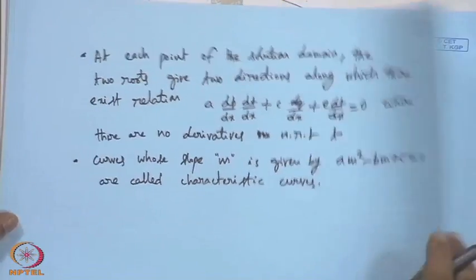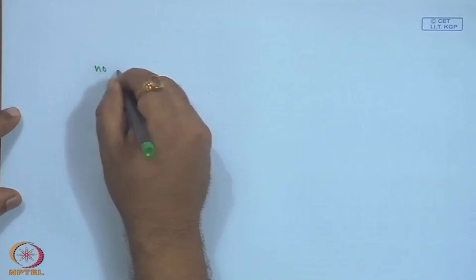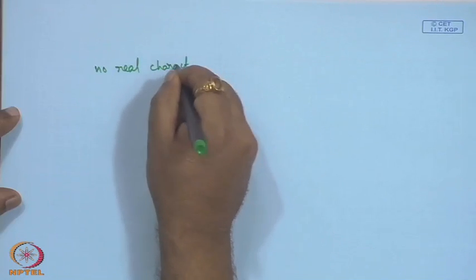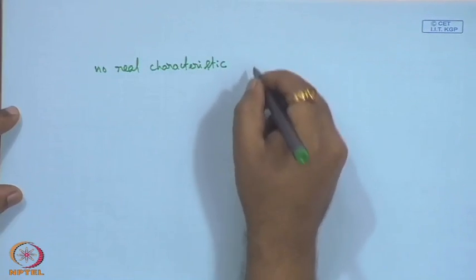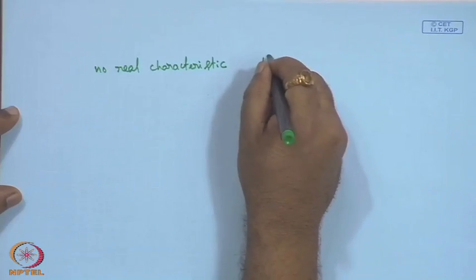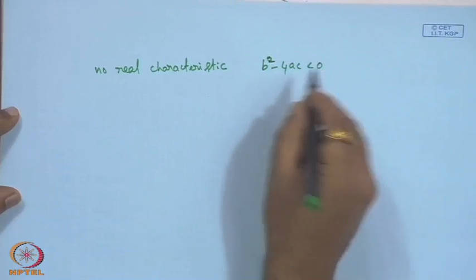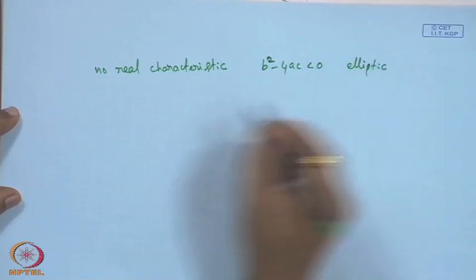Now in this case, case 1, say no real characteristics. This means b squared minus 4ac is less than 0, and according to the second order classification we call this elliptic.